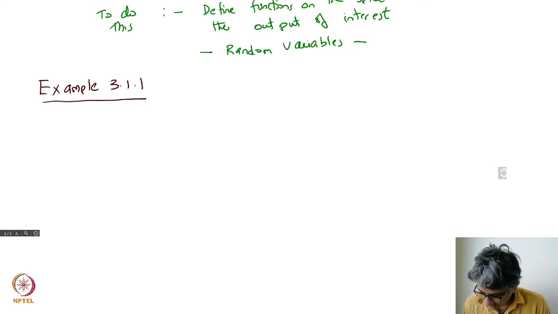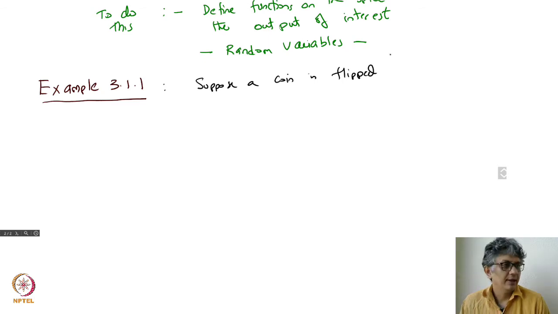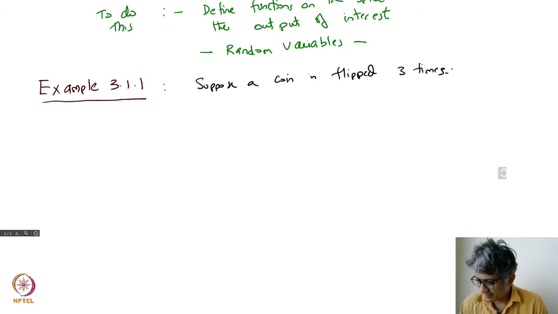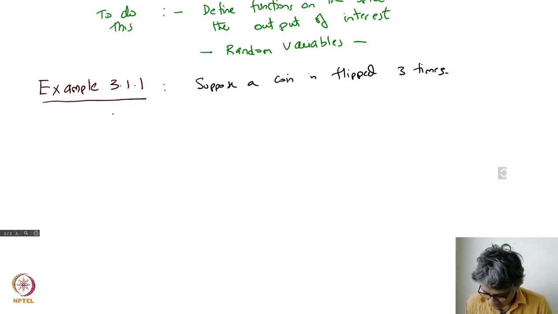Suppose a coin is flipped, let's say 3 times. I flip it 3 times, and I want to know the number of heads in 3 tosses, or the first toss. So let's say 2 questions.